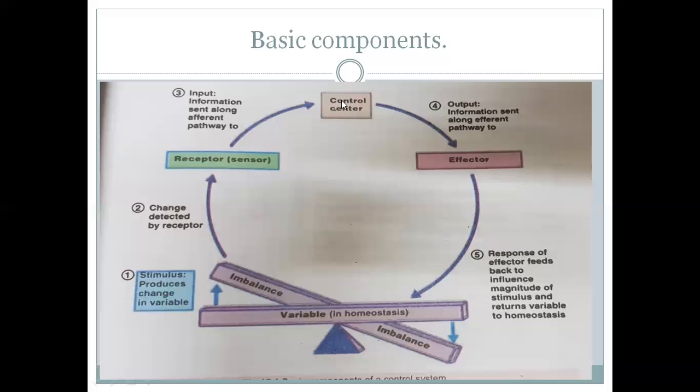The efferent pathway is going to bring messages from the brain to the effectors, which can be the glands, the muscles, or any other related part of the body that is going to respond to the orders received from the brain. After the response, this variable is brought back to the normal situation, to the balance.